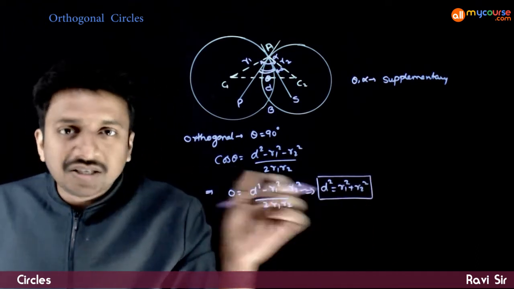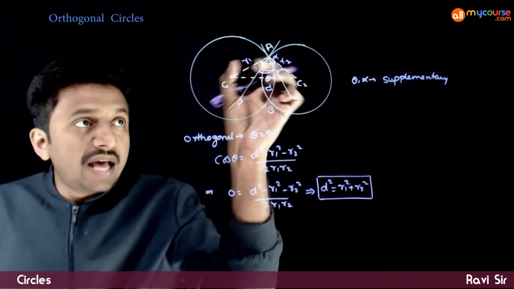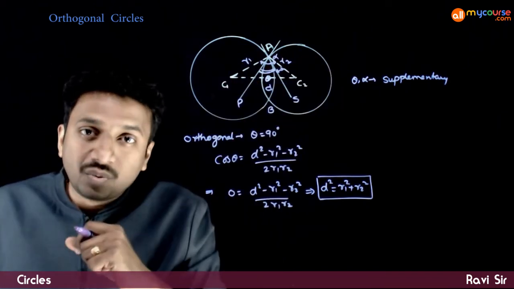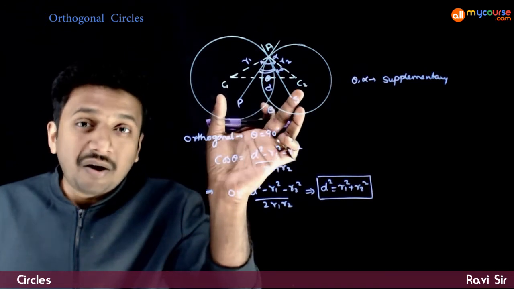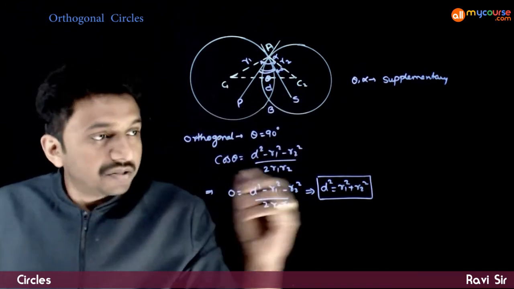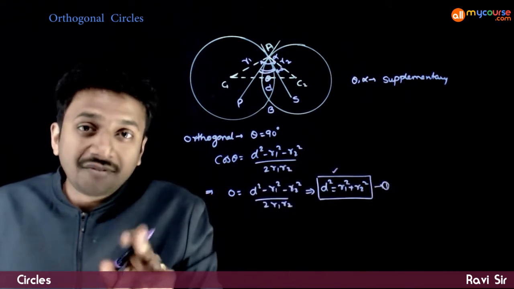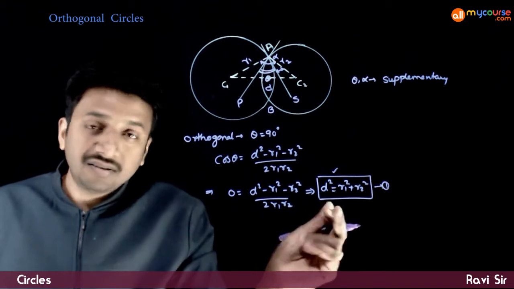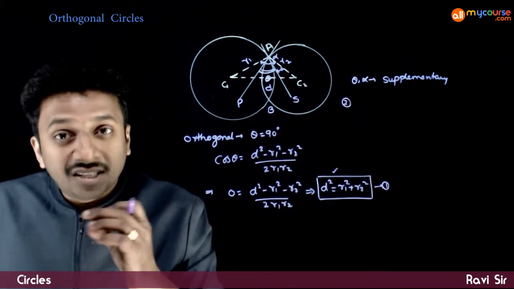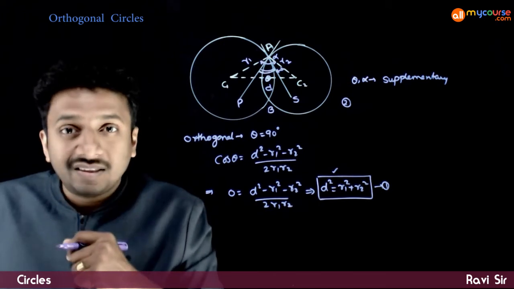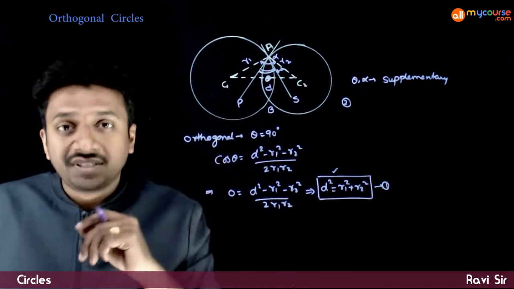So if this condition is valid, if the distance between the centers squared is equal to r1 square plus r2 square, then the circles are orthogonal to each other. So this is one condition, this is the first condition. So let us derive a more useful condition than this. The second condition is regarding the coefficients of x, y in the equation of the circles.